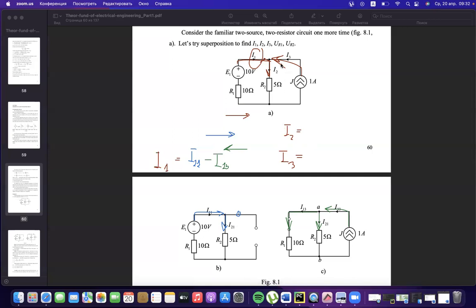For current I2, all directions are the same, as we see, and we should just add each partial current in each situation.